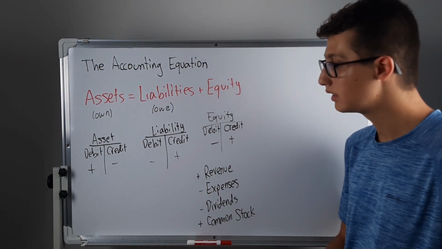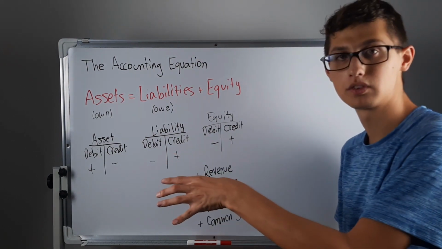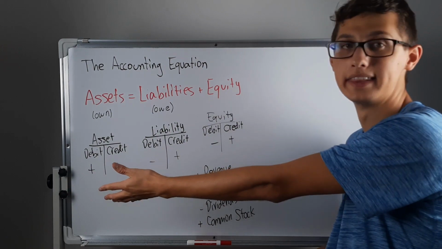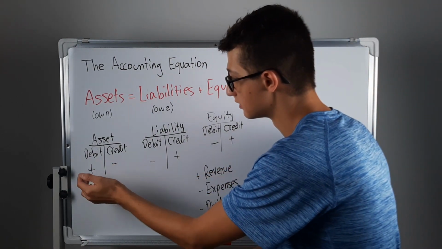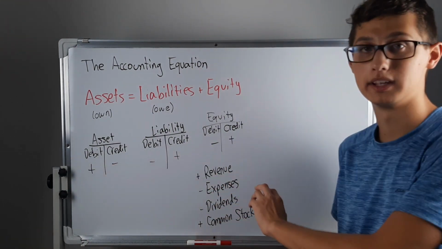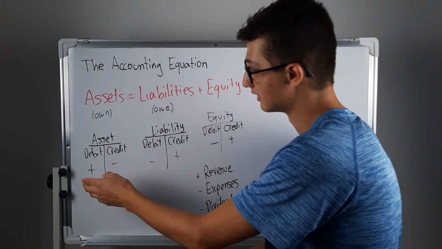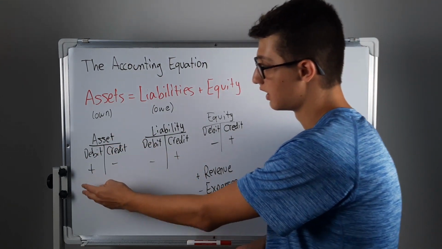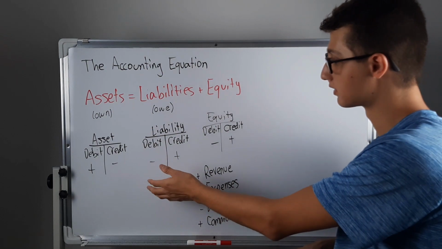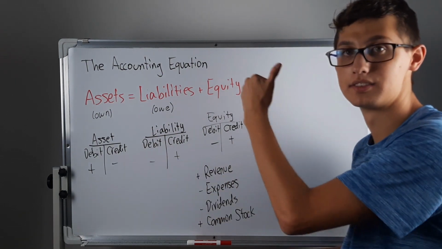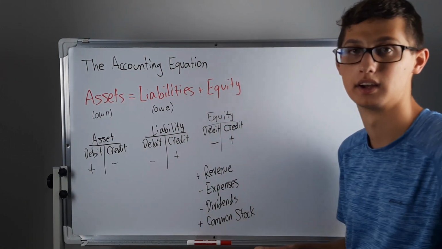Now, notice how the accounts on the left, which is only the asset account, have the debit as a plus, increasing. Whereas liabilities and equity have the credit as the increasing, with two exceptions.